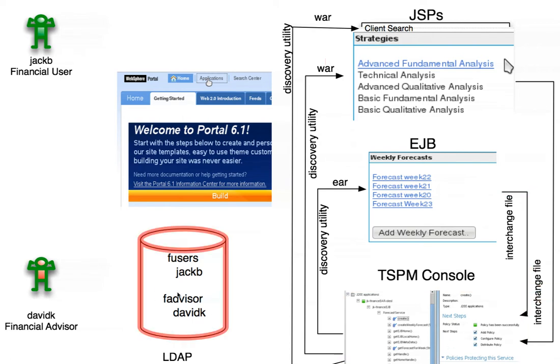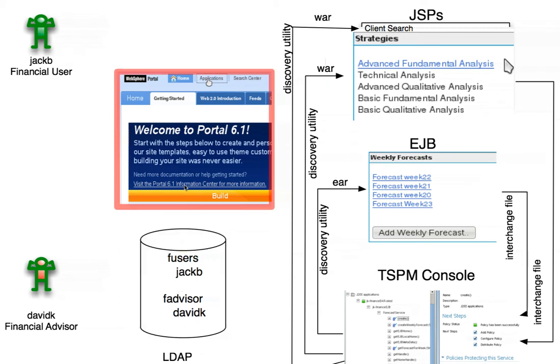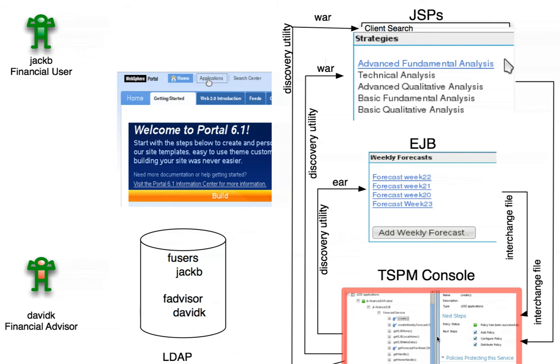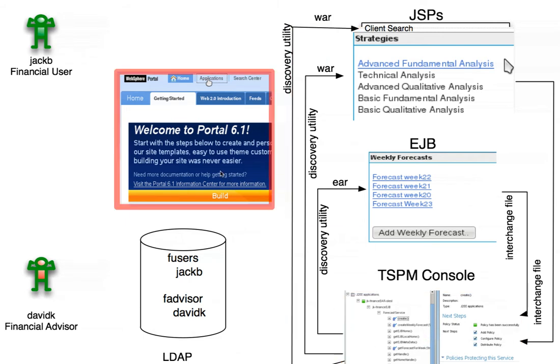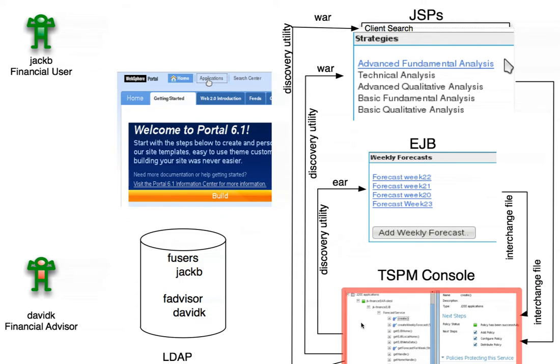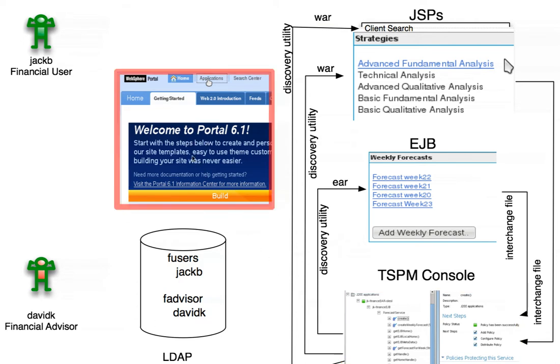I can also bring the users from LDAP, the same LDAP that Portal uses, and boom, I get to know about them. And I install a plugin into Portal that will allow me to enforce those policies that I will define on the TSPM. I will be able to publish the policy once defined and make that plugin enforce it.